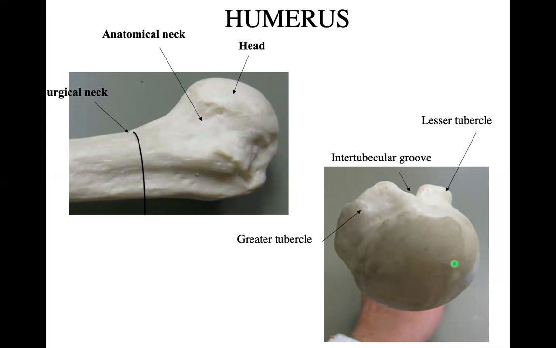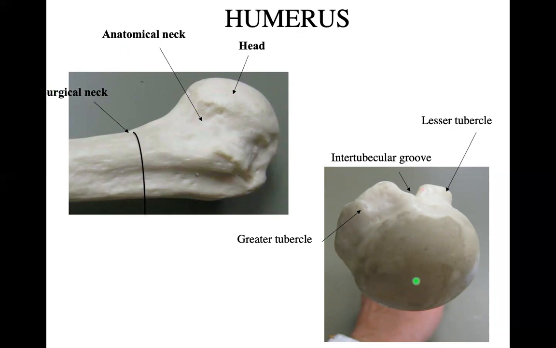This is the same area from a different view. You also have two necks. The anatomical neck, which is pretty small, is right below the head. The area right below that is called the surgical neck.